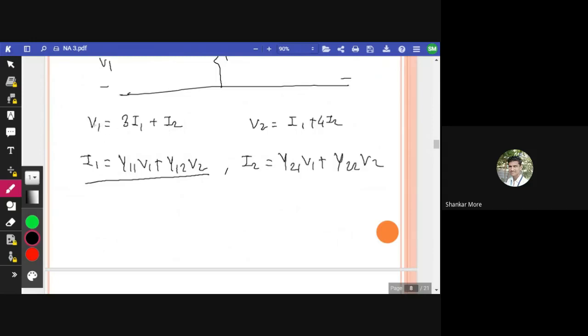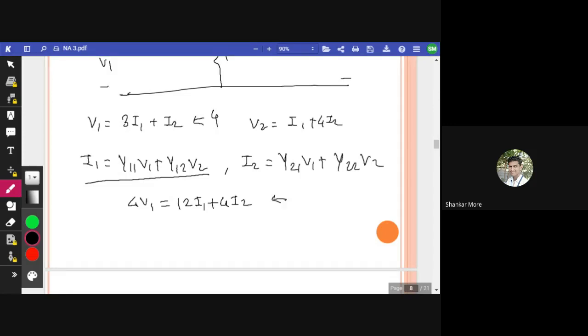I2 हमें eliminate करना पड़ेगा. So how do we eliminate I2? See, अगर मैं फर्स्ट इक्वेशन को 4 से मल्टीप्लाई करता हूं, so it will be 4V1 is equal to 12I1 plus 4I2. मैंने क्या किया, इस इक्वेशन को 4 से मल्टीप्लाई किया थ्रू आउट, so इससे कोई डिफरेंस इस इक्वेशन में आने वाला तो है नहीं.